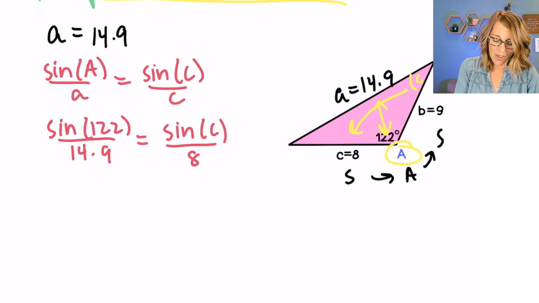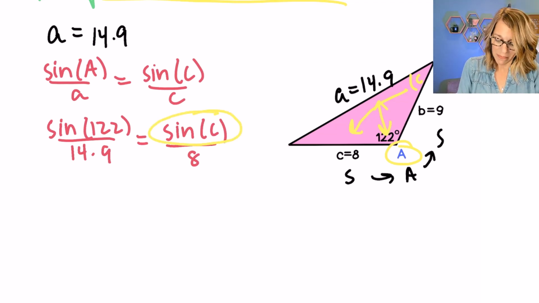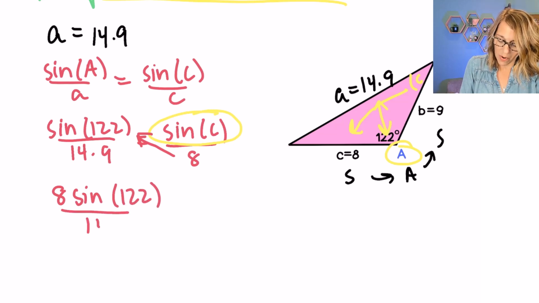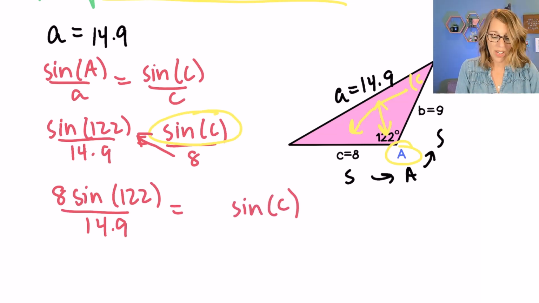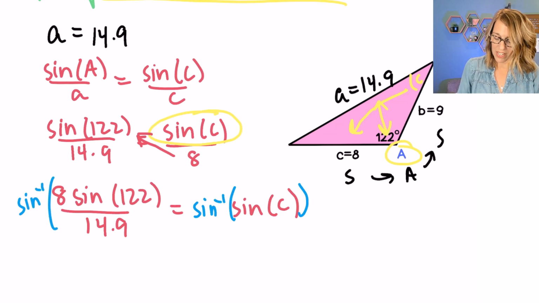Now remember, I'm solving for C, so I'm going to start by isolating sine C. I'm going to cross multiply here by 8, and I get 8 times the sine of 122 divided by 14.9 is equal to the sine of C. Now I moved that over because I know I want to apply a sine inverse. So I'm going to apply a sine inverse here, and I want a sine inverse on the left as well.